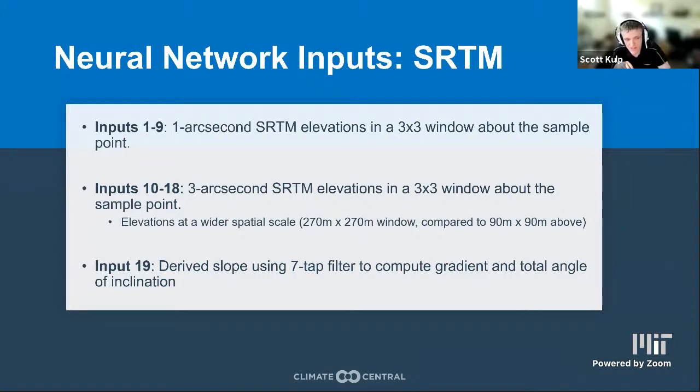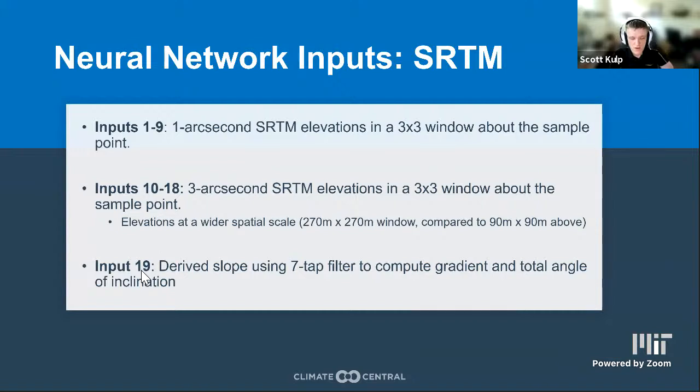For the second 9 inputs, we downsample the SRTM DEM from 1 arcsecond to 3 arcsecond pixel width, and feed a 3x3 window of that into the neural network. That's a wider window, giving the neural network a wider spatial scale to look at. That's the majority of the inputs right there.